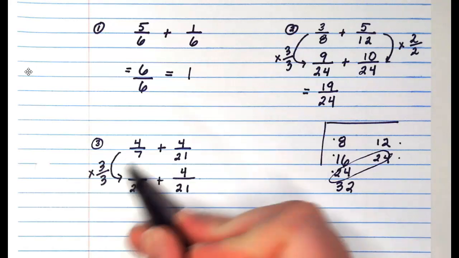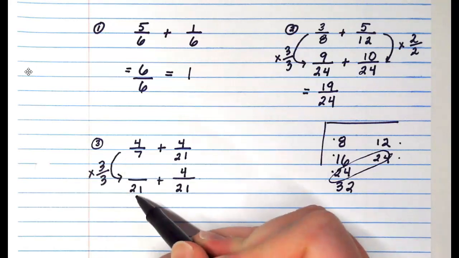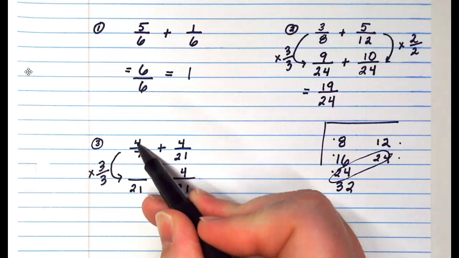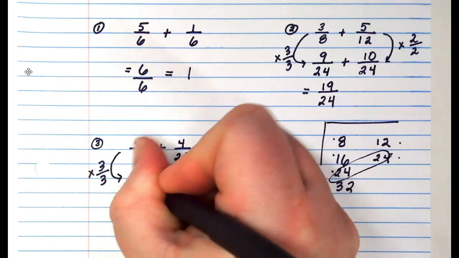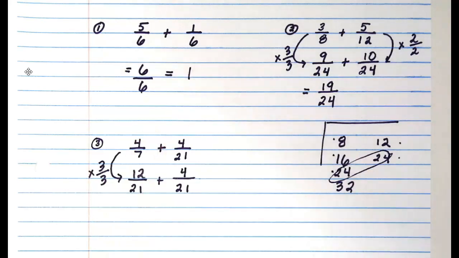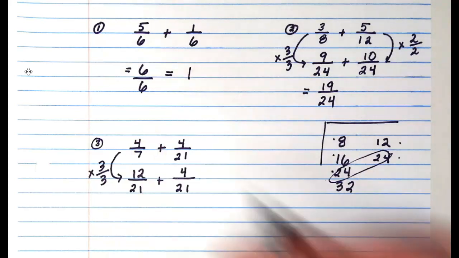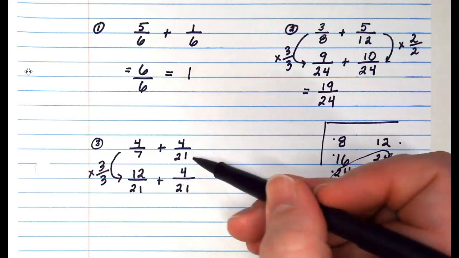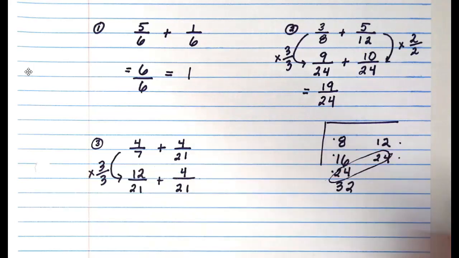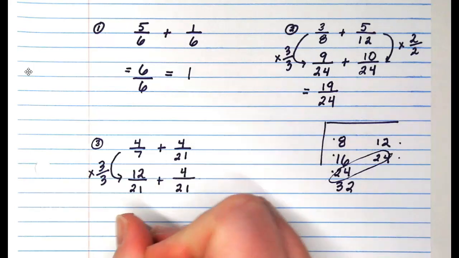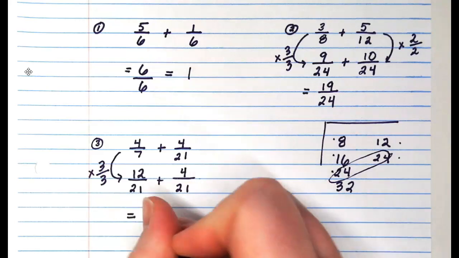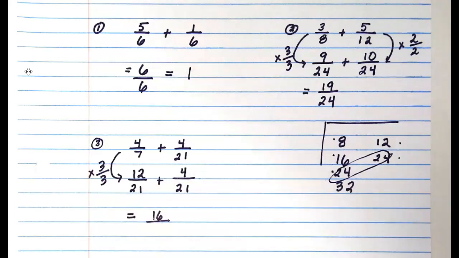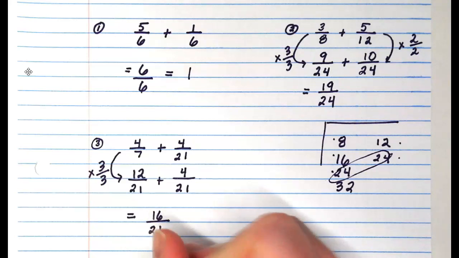So 7 times 3 is 21. And then the numerator, 4 times 3, that gets us 12. So now we have two equivalent fractions compared to our original fractions, and we can go ahead and add because there's a common denominator. So we have 12 plus 4, that's equal to 16. And we keep the denominator of 21.